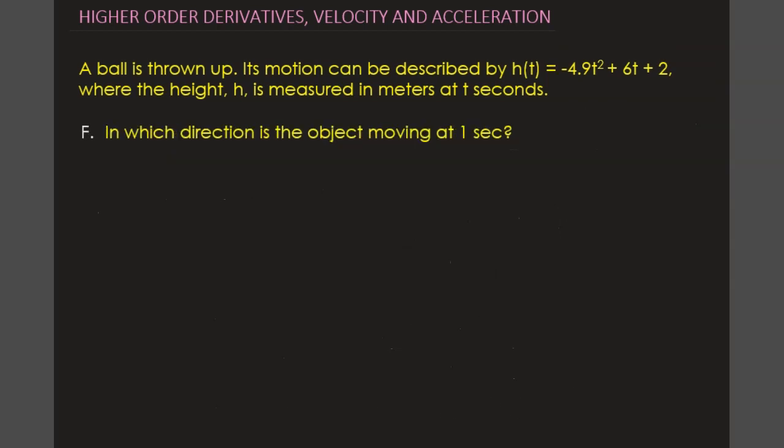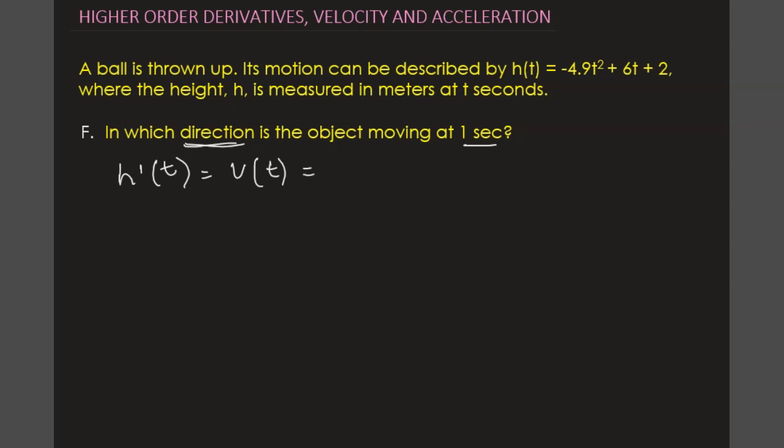Let's go to part F of the question. Part F wants us to find out the direction of the object at 1 second. In one of the previous videos, I described the direction of the object and the way to determine it. From there, we recall that direction is described on the basis of the first derivative of distance, which is velocity.